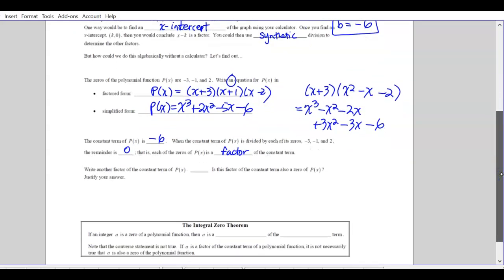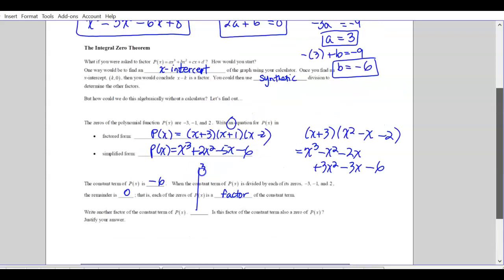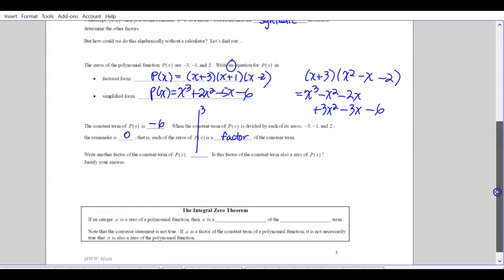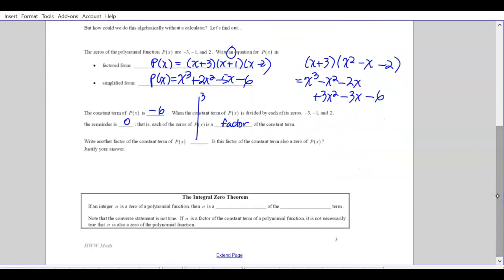So based on this, another factor of the constant term of p of x would be negative 3.